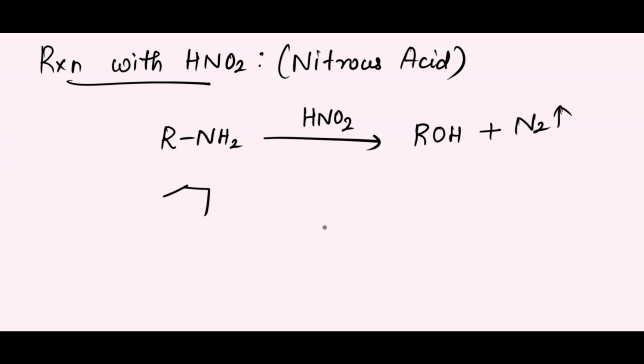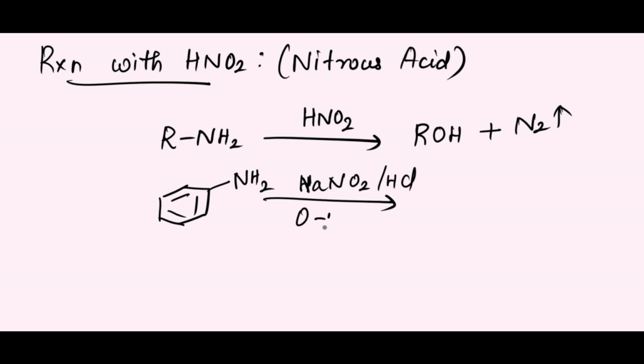It can be an aryl amine as well. In that case, HNO2 is produced from NaNO2, sodium nitrite, with HCl. At 0 to 5 degrees Celsius, it produces our famous reagent, that is diazonium salt.